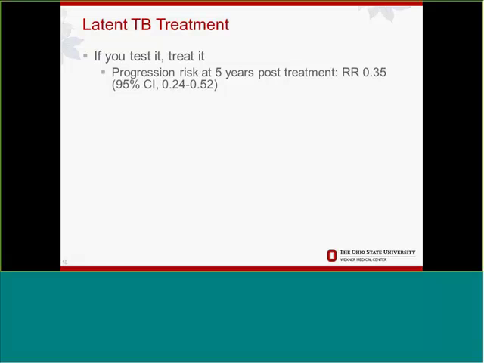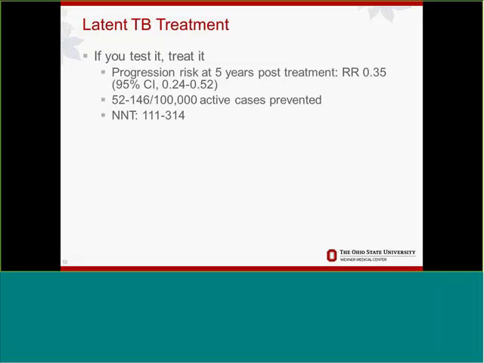So there's actually pretty good evidence showing that this works for latent TB, maybe a risk reduction of about 65% at 5 years for progression to active TB for treatment of latent TB. That's pretty significant. That results in about 52 to 150 cases of active TB prevented by doing that. Number needed to treat is about 111 to 314.